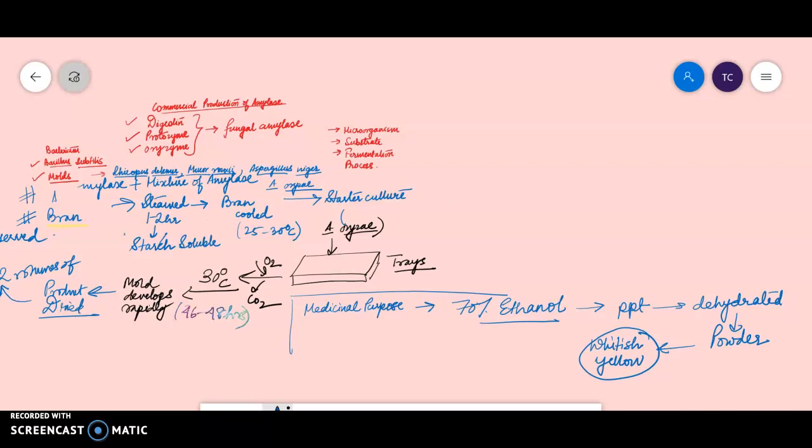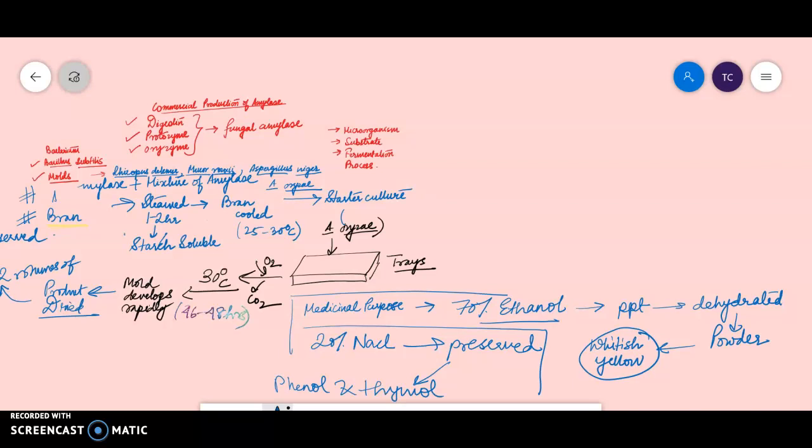And if it is used for other purposes, about 20% NaCl is added and it can be preserved using preservatives such as phenol or thymol. So if it is being used for other purposes, then you can also add 20% NaCl, and that is preserved, and the preservatives are basically phenol and thymol, okay?